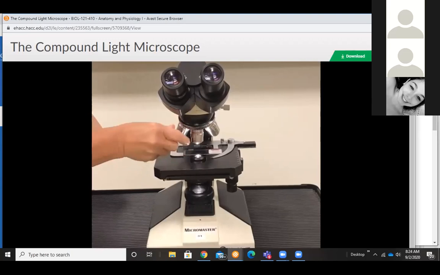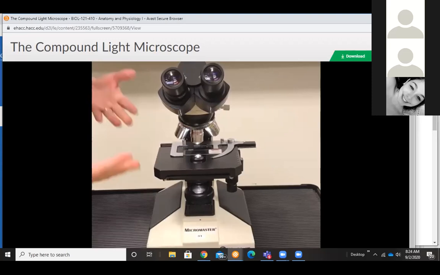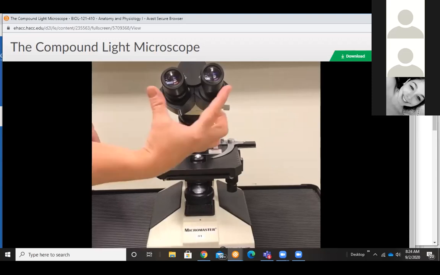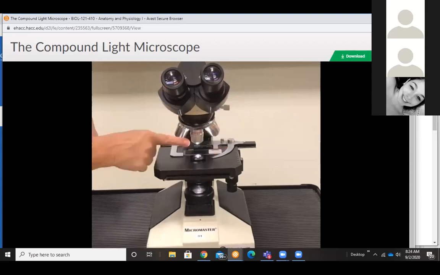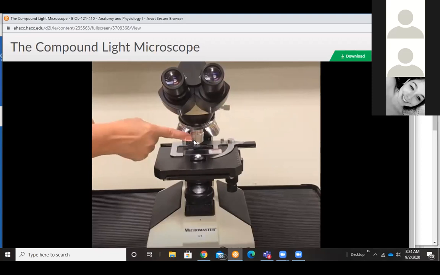Remember, I told you that this is a compound light microscope. So when we're looking at an image and we want to know the total magnification that we're observing, we need to take into account the magnification of the ocular lenses and the magnification of the objective lens, because remember, both lenses are working simultaneously.